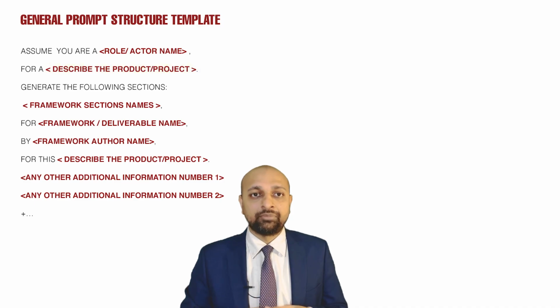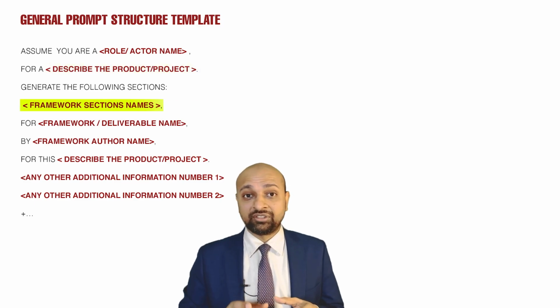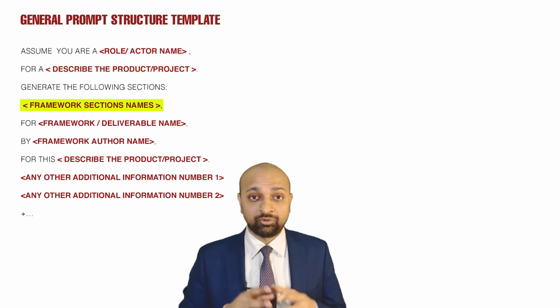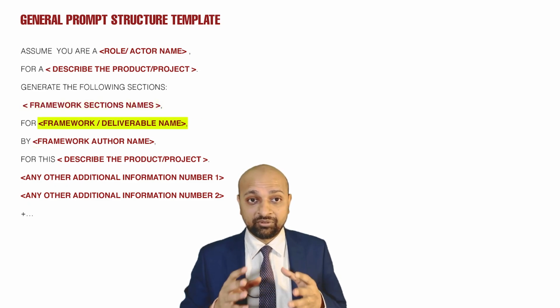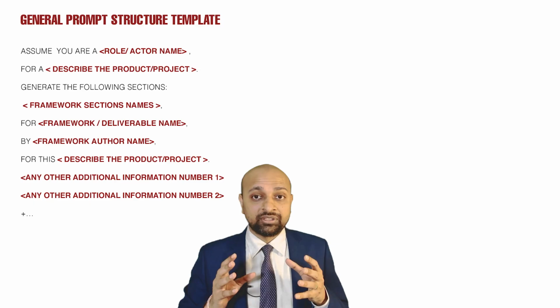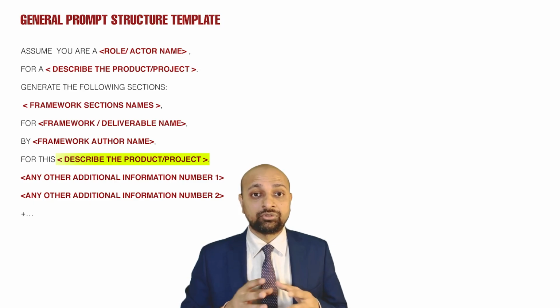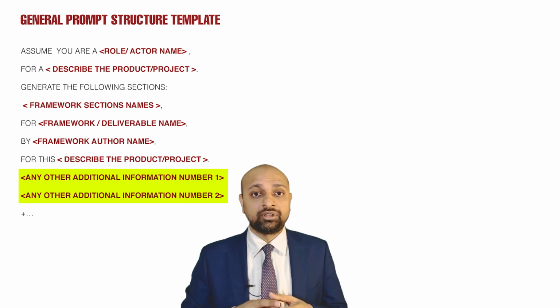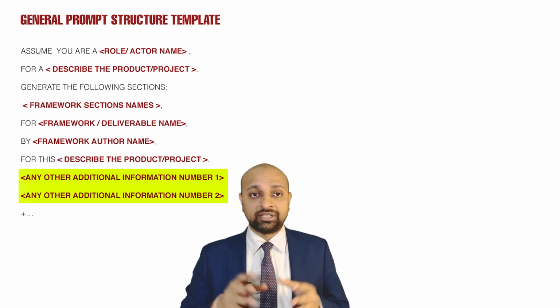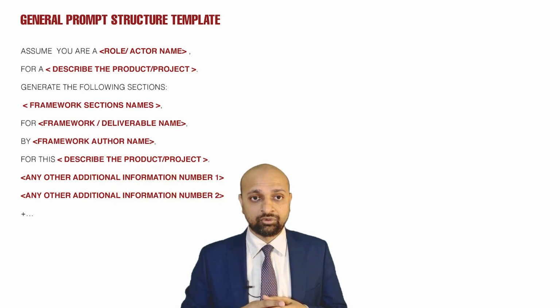Then we capture the names of sections for the framework which we are going to produce. Then we write the name of the framework, the name of the author of the framework, and then we describe the product. In the last two steps, we provide any additional constraints or quality parameters which ChatGPT should use for generating this framework. So this is the template structure we are going to follow.